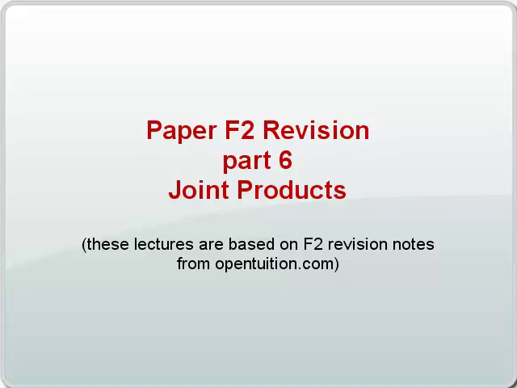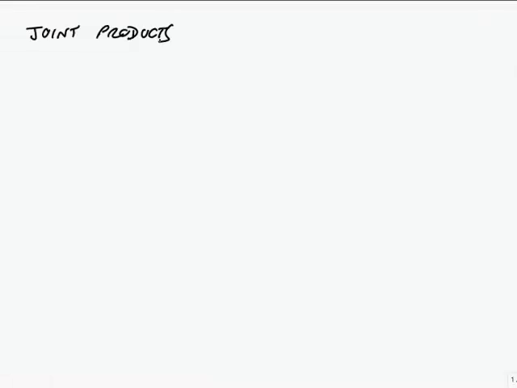The definitions: joint products is basically what I just said. It's where you have two or more products produced in the same process.